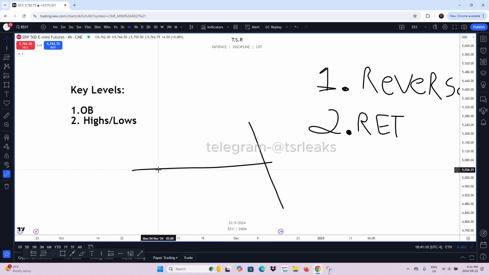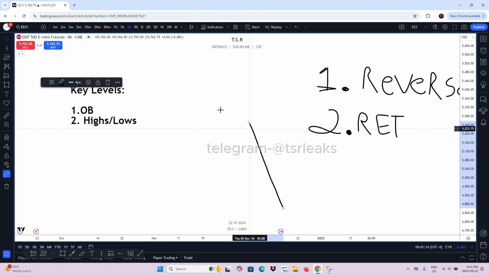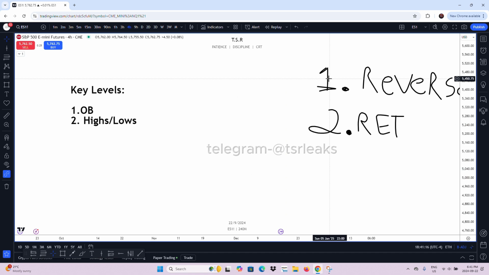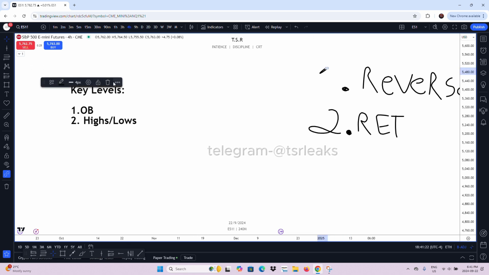Now, of course, there are a lot more key levels that you can use, such as a fair value gap, a breaker block, a mitigation block, a rejection block, and so on. If you want to learn all of those key levels, you can go watch ICT's core content.